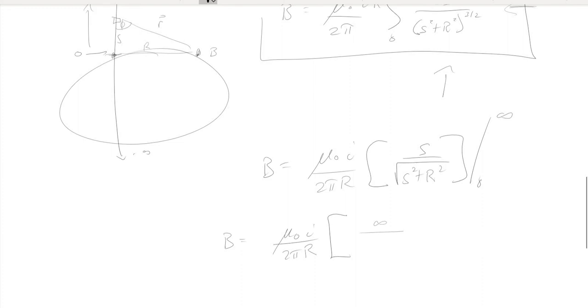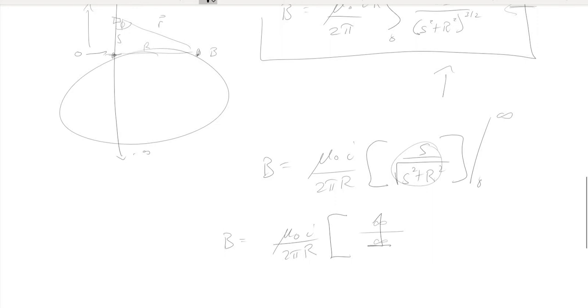It just gets lost. And so r is effectively 0 compared to infinity. That means we have the square root of infinity squared, which is just infinity to the first power. And so we just get infinity over infinity. In other words, as the wire gets longer and longer, this entire ratio starts to approach 1.